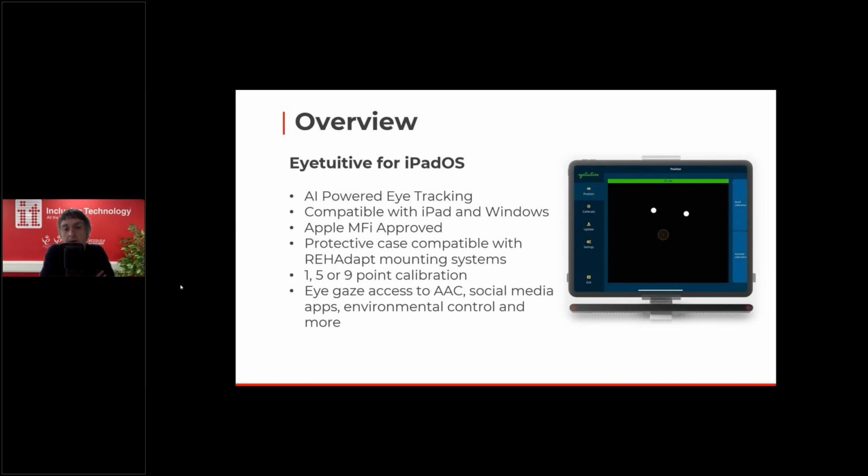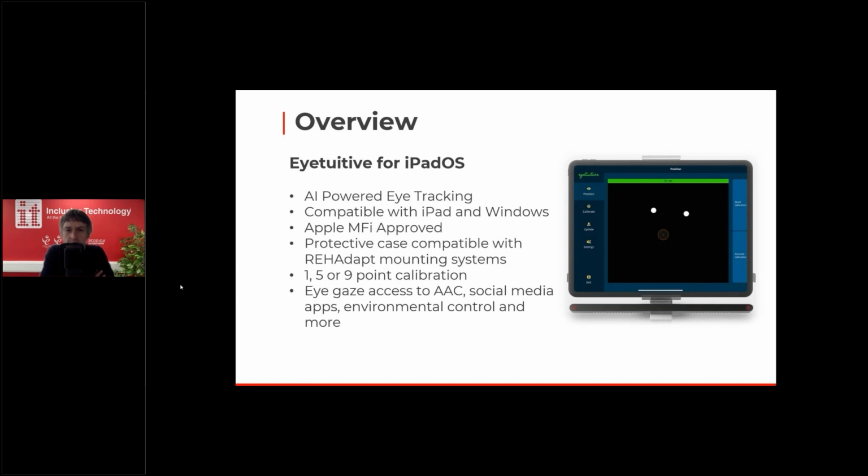In terms of what's included, there's a protective case, which is compatible with the rear adapter mounting systems that I gave you an example of. And also very important, you can choose between 1, 5 or 9 point calibration, because that really means it's great for those early eye gaze users who just require 1 point calibration, and for those that want a greater degree of accuracy during eye tracking, there's 9 point calibration.